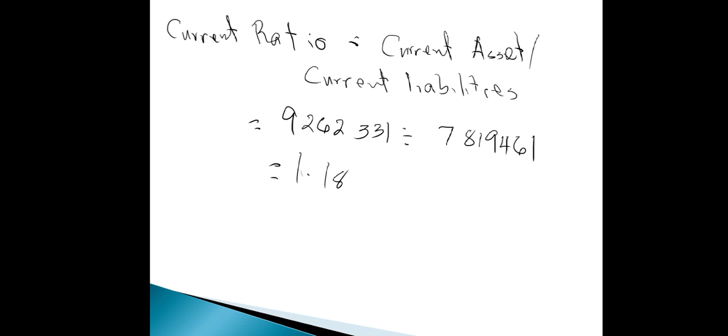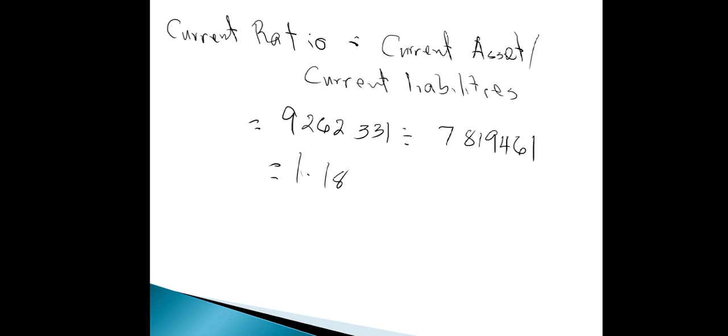So this is the current ratio, current asset divided by current liabilities. Refer to the picture that I've sent last time. Look at the statement of financial position. So we have 9,262,331. When we divide it by current liability, it results to 1.18.